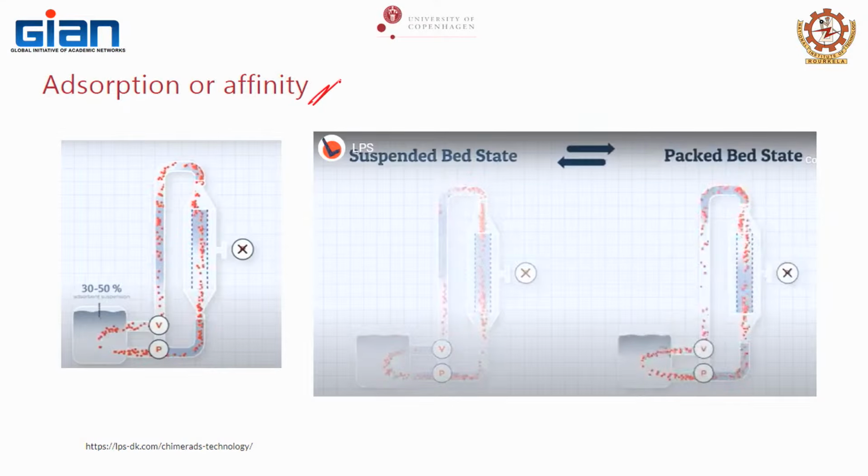Apart from membrane filtration, people also use adsorption chromatography. We have a company in Denmark, I found it on their website, and they have a nice YouTube video showing how they are using it. Instead of using a membrane, they use adsorption basically.